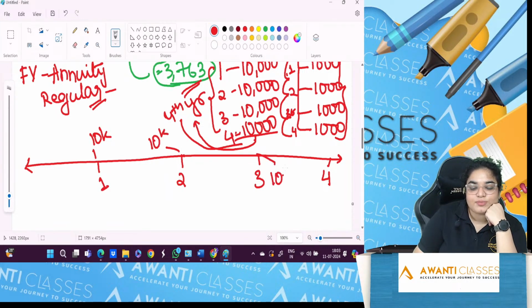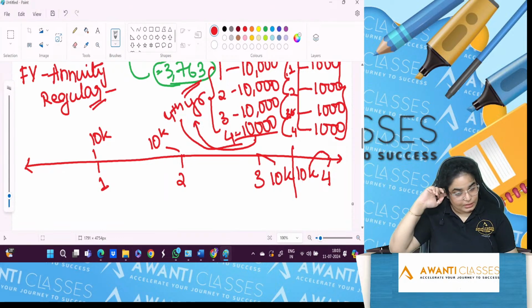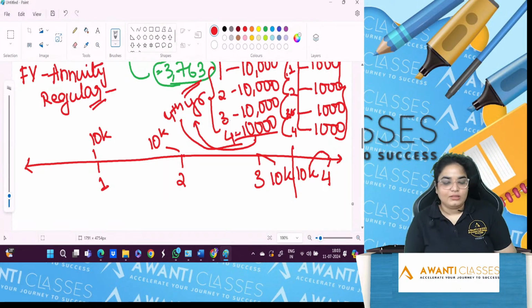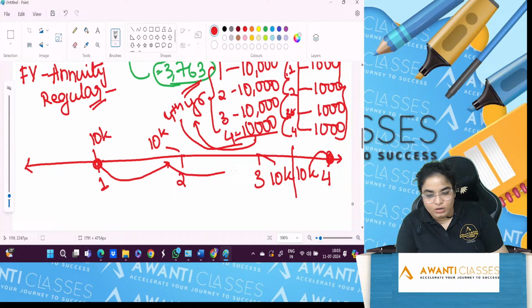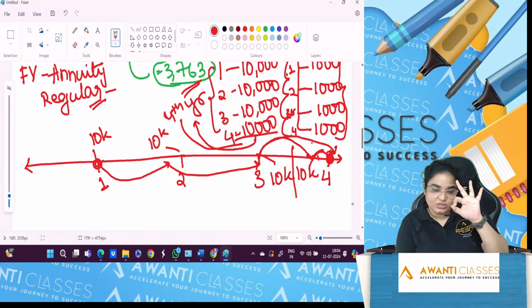Here also he has paid 10,000 rupees, and here also he has paid 10,000 rupees. Correct? Now tell me, this 10,000 is not equal to this 10,000. Why? Because this 10,000 he has paid at the end of the first year. So this has remained with the bank for 1 year, 2 years, 3 years. Sorry, 3 years. End of the year. So this has remained with the bank for 3 years.